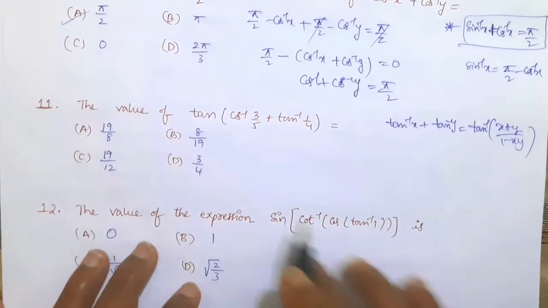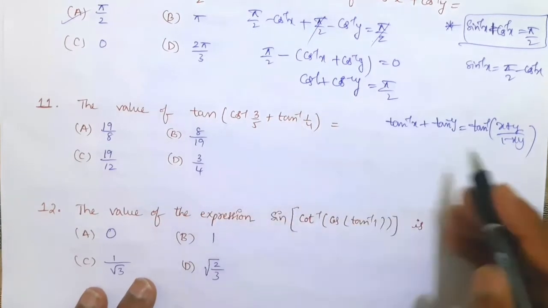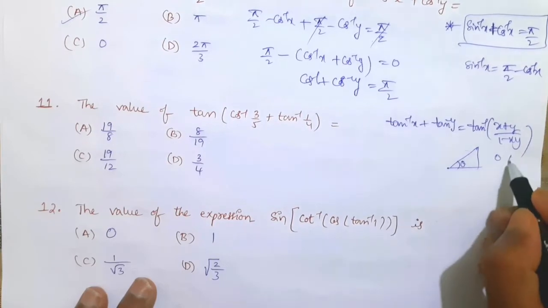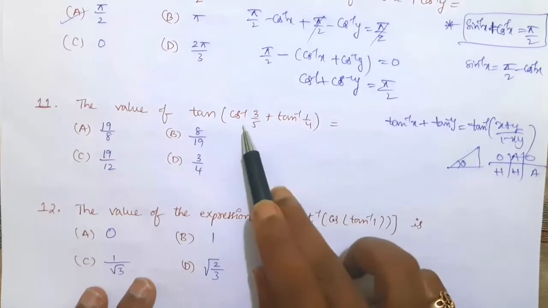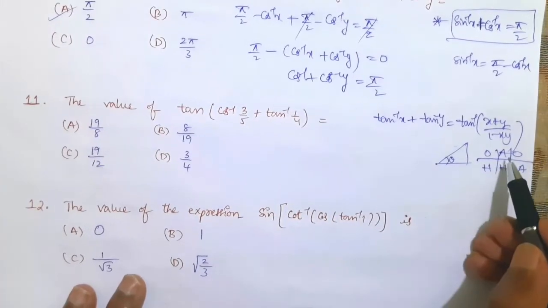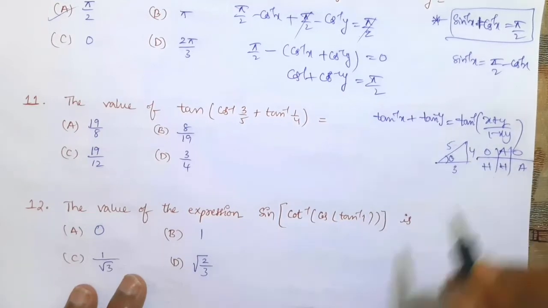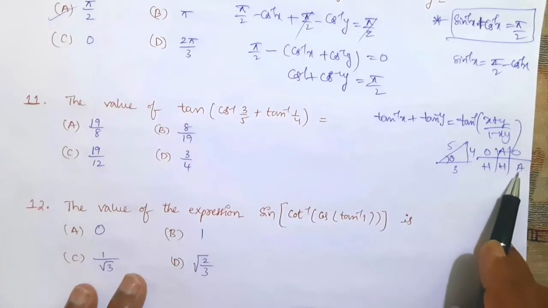That's why you convert cos inverse in terms of tan inverse. See how to convert: for example, if it is theta, they have given cos theta as 3 by 5, and cos is adjacent by hypotenuse. This is adjacent, this is hypotenuse, then this side will become 4. Now we need tan, and tan is opposite by adjacent.